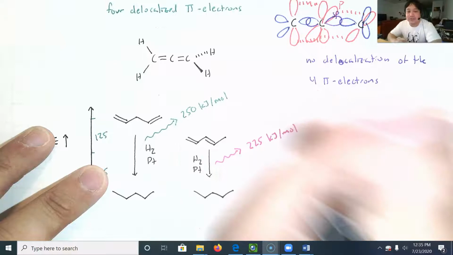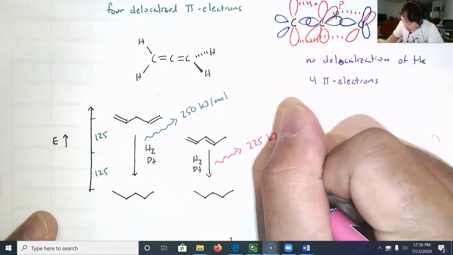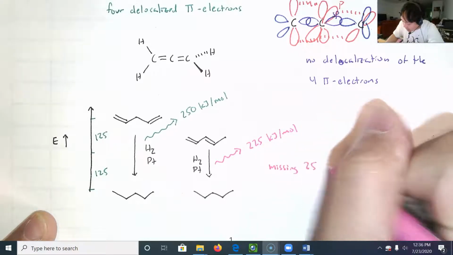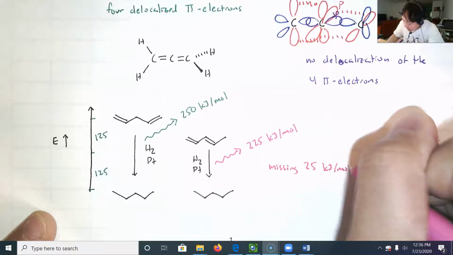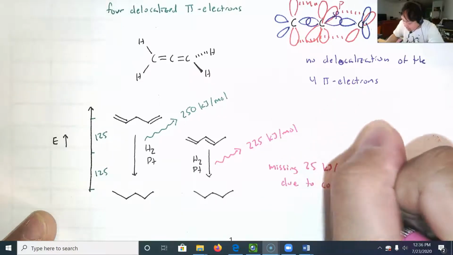That's the stabilization due to conjugation. So the missing 25 kilojoules per mole, it's due to conjugation.